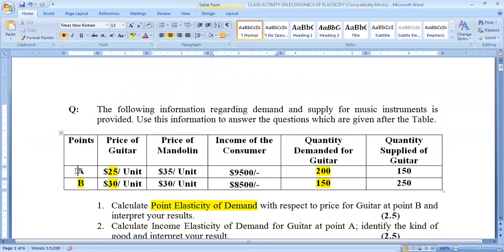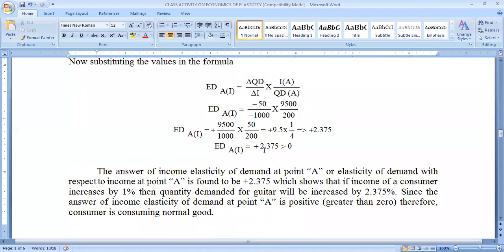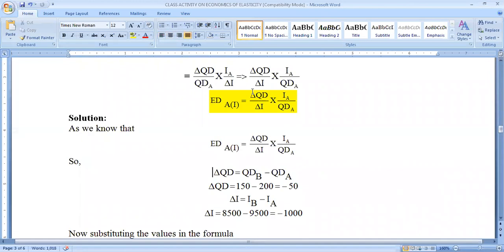And income at point A is $9,500. So income at point B, $8,500, minus income at point A, $9,500, equals minus 1,000, right?